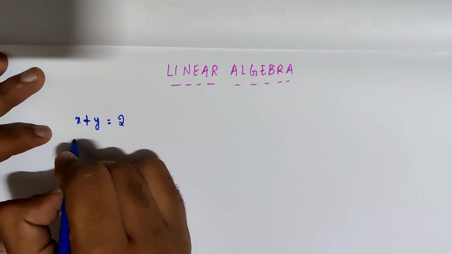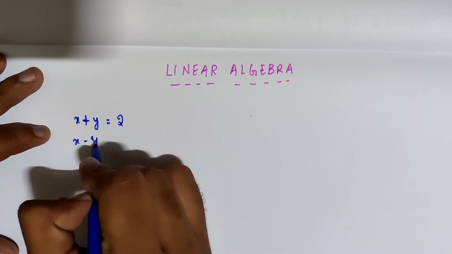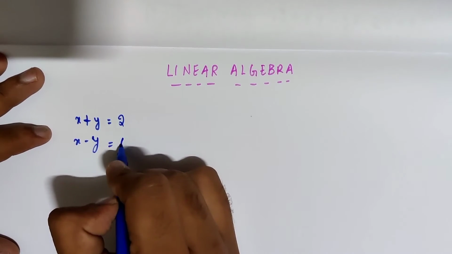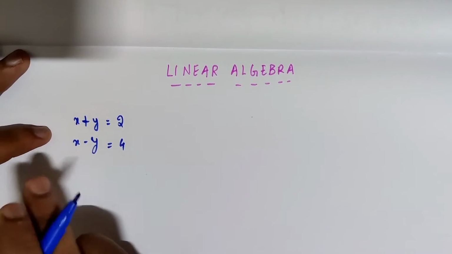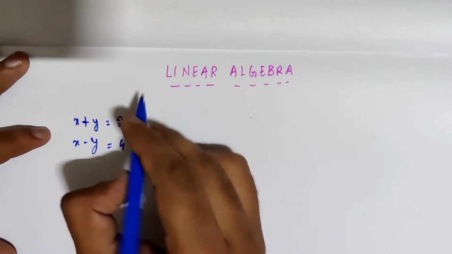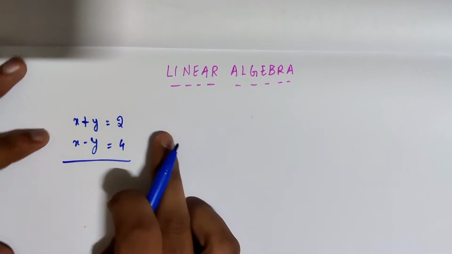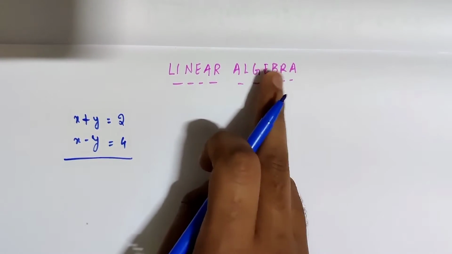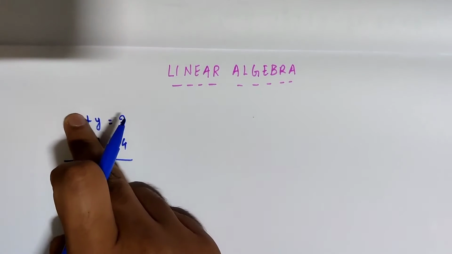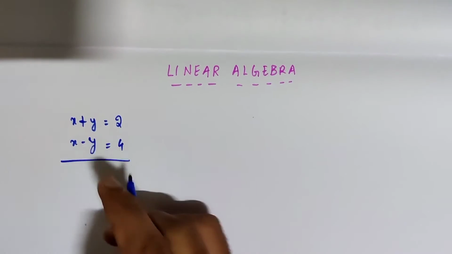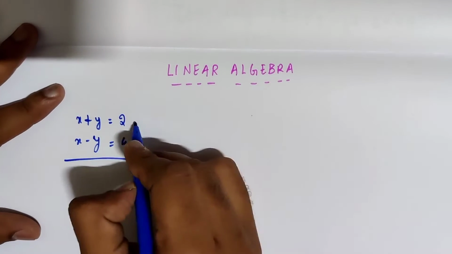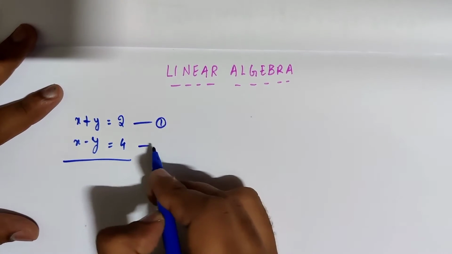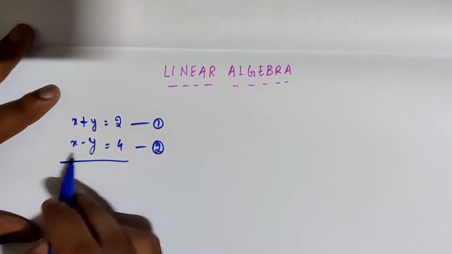There is one more equation: x minus y is equal to 4. So these are two line equations. The goal in algebra is to find the x value and y value. Let us consider this as equation 1 and this as equation 2.